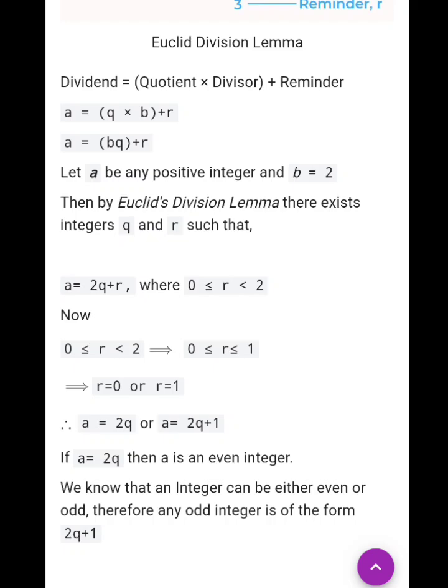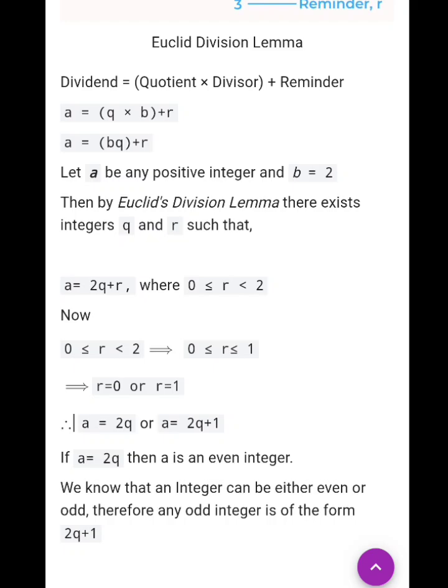There are no other possibilities, because between 0 and 2 there is only one integer, which is 1, and the other one, which is neither positive nor negative, is none other than 0. So r can take two values, 0 or 1.